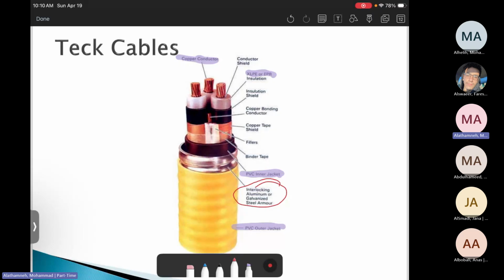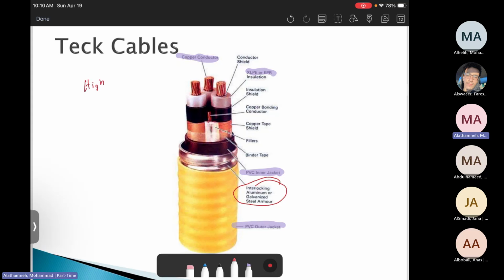The good thing about it, the feature, is that it has high mechanical strength. It is resistant to moisture and chemicals, I would say.